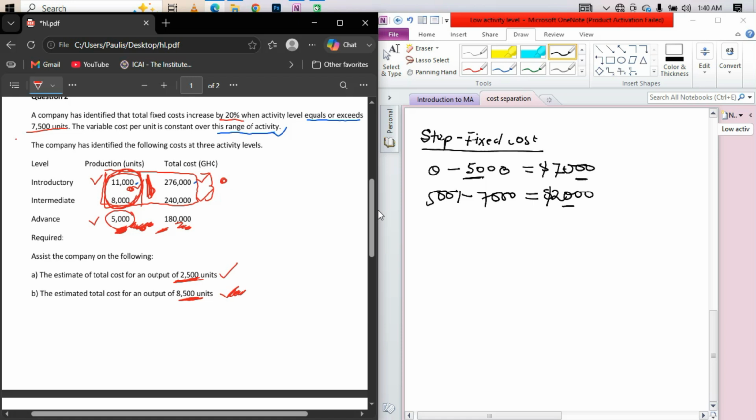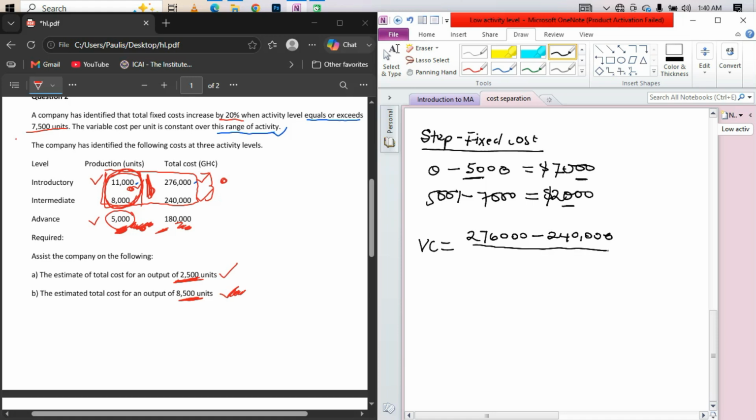So let's get the variable component. The variable cost should be equal to the high activity level's cost, 276,000, minus the lowest activity level's cost, 240,000, divided by the activity levels themselves, 11,000 minus 8,000.